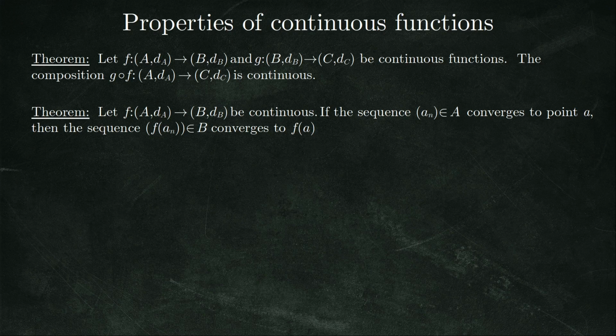So that is, if you take a sequence, you map all of the individual points to the codomain, then that converges to the map of the limit point. Maybe just what you'd expect, but if a function wasn't continuous, this theorem wouldn't hold. So have a read through the proof and then come back to the video.